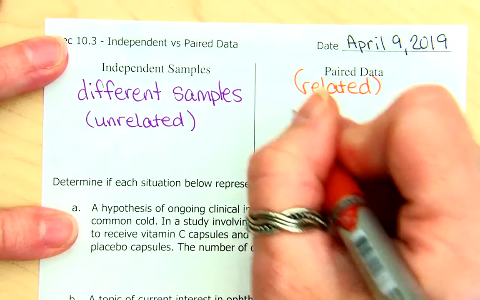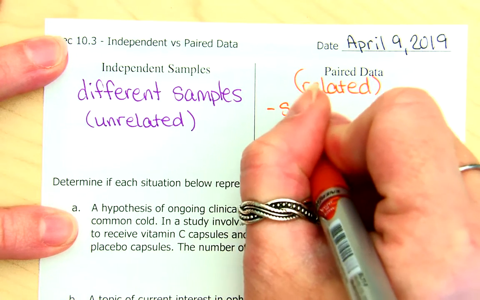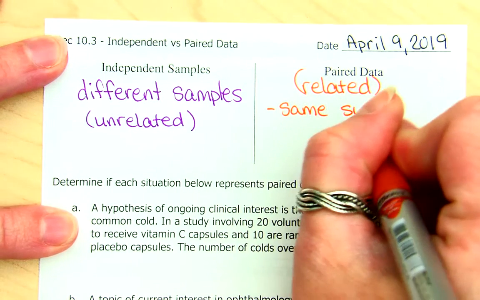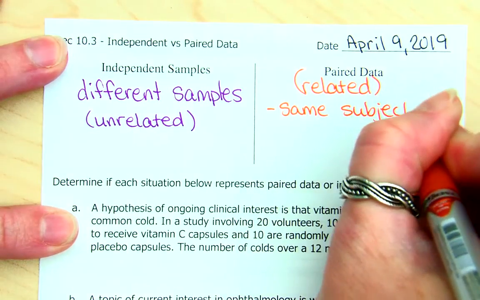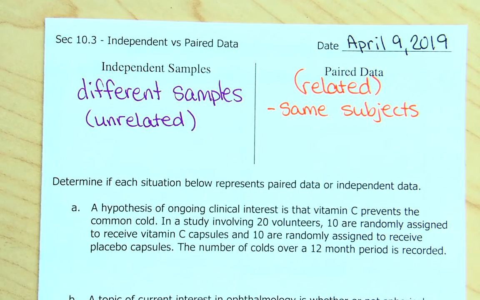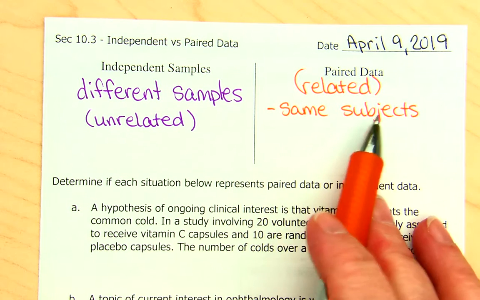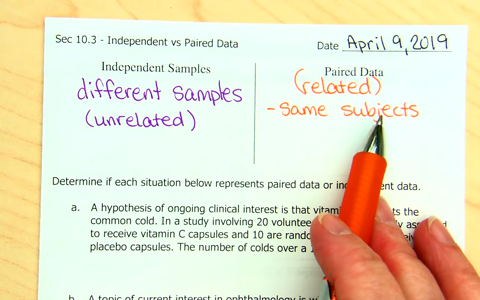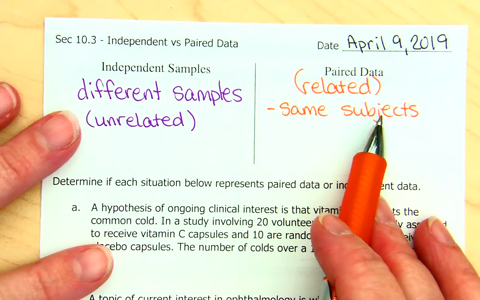So it could be they are the same subjects. So that's like what we saw in our warm-up, where we were talking about the same pigs got both kinds of feed. So we were comparing how did they do with one food versus the other. So it's the same subjects got both treatments, and we're comparing the outcomes.